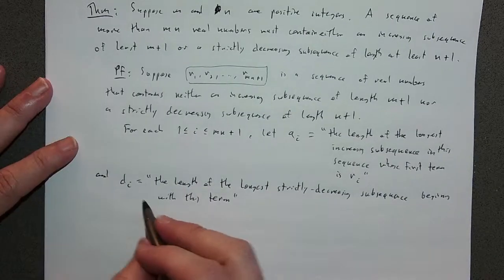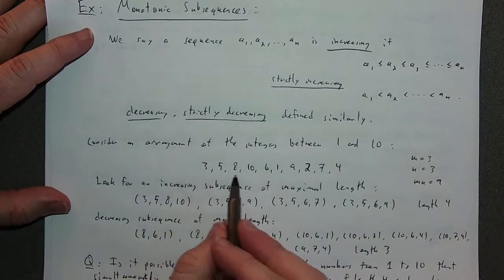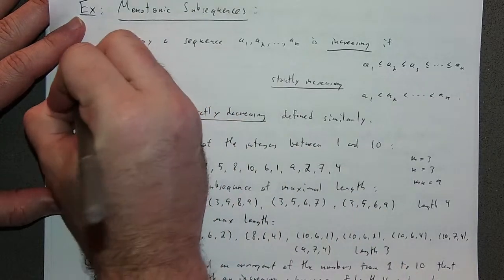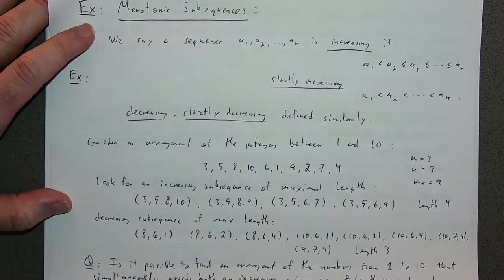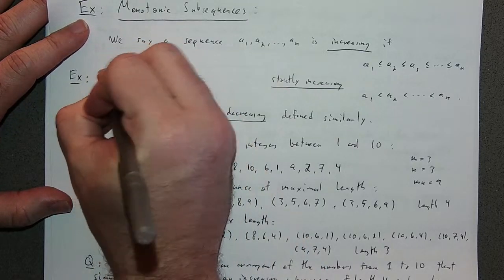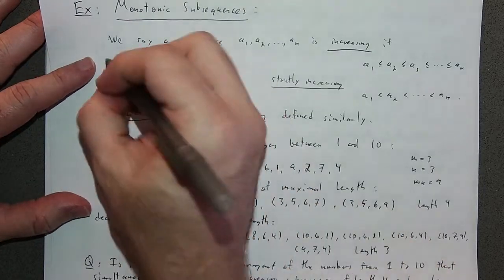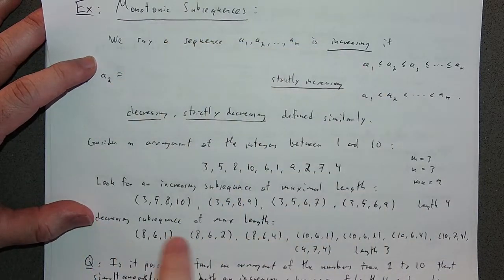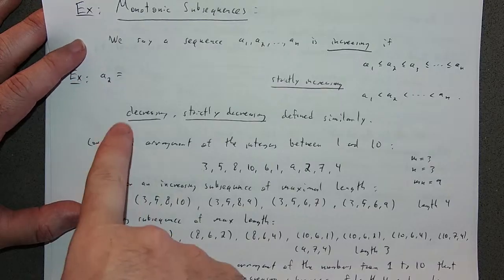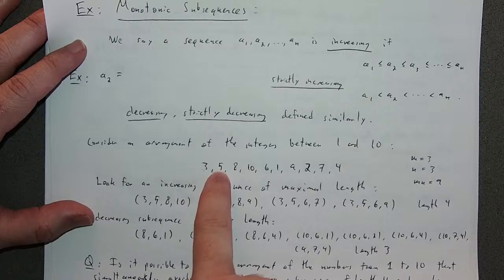So, for example, let's go back to our example. What is a sub 2? A sub 2 would be the length of the longest increasing subsequence that begins with the second term in this sequence, which is 5 here.